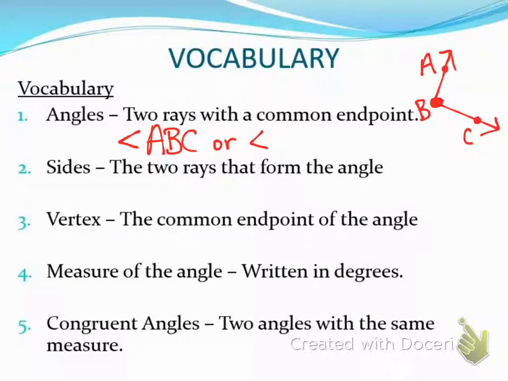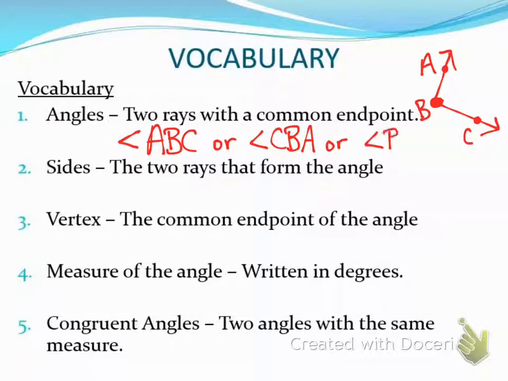We could go the other direction. So we could start over here at point C and go to B, then A, and call it CBA. Or, because there's only one angle drawn there, we can just name it by the middle point B, that common endpoint.